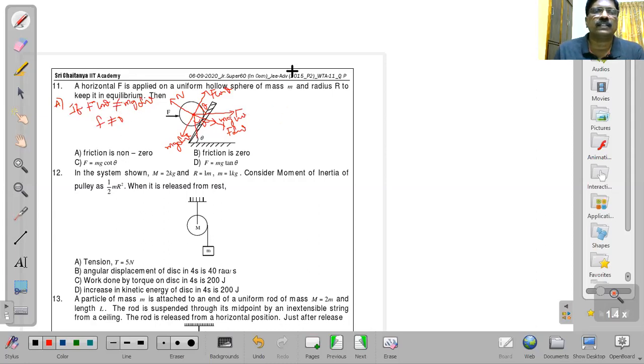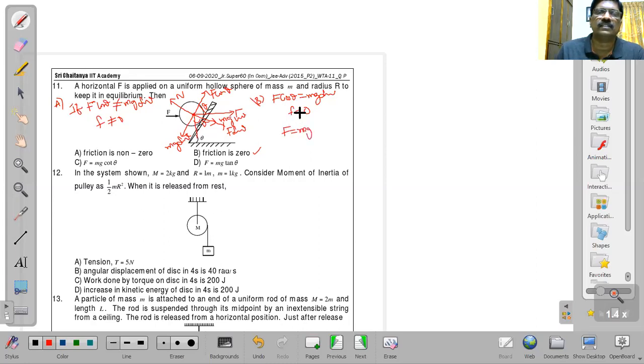Suppose F cos theta and mg sin theta are equal, for B. Then these two forces cancel, so there is no tendency for the sphere to move upwards or downwards. That's why no friction exists, so friction is equal to 0. This is also possible. Whenever these two forces are equal, F is equal to mg tan theta.